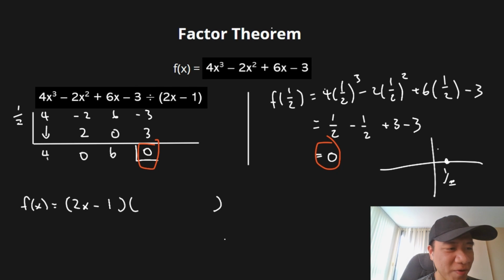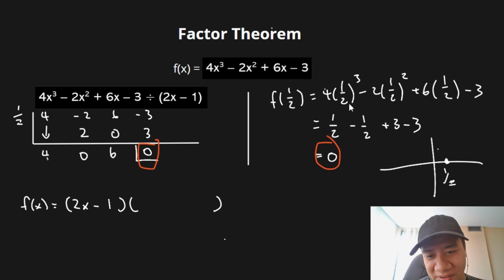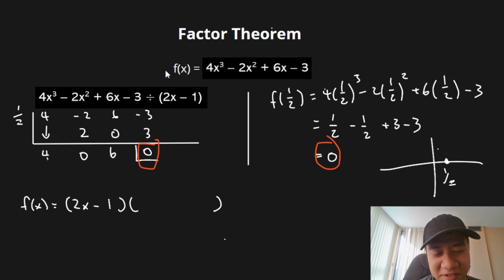So this is actually really cool because before we didn't know how to factor things like these, besides grouping and all of that. But now, if we substitute that number and it gets us 0, the corresponding factor of the number would actually be one of the factors of our original polynomial in standard form. And then we can even go further with this. What will be the other bracket in this case?